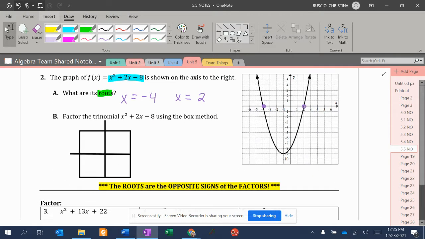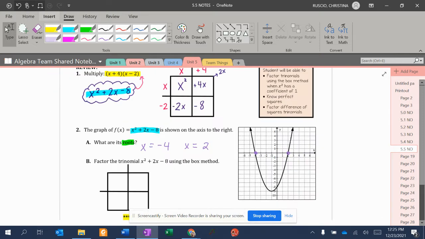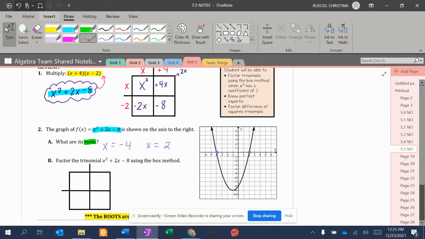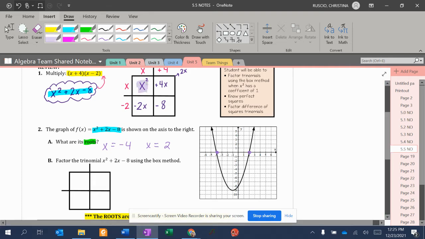Okay, let's just kind of go through factoring this trinomial. So when I look at this box method above, let me use the purple highlighter. The x squared term is usually always in this top corner, right? So let's just put it up there. X squared we'll put in there.